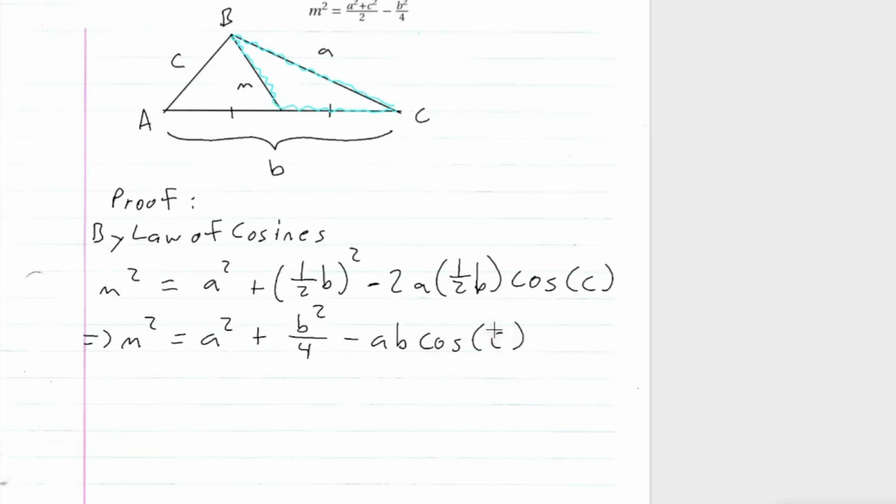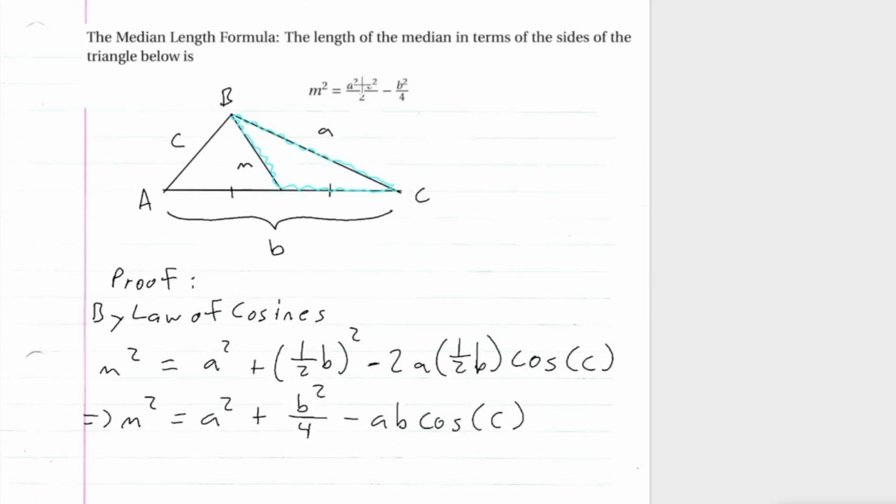At least we have m squared, and something that resembles that b squared over 4 with the positive, but we need to get rid of this cosine c. So this is when I'm going to look at the entire triangle.